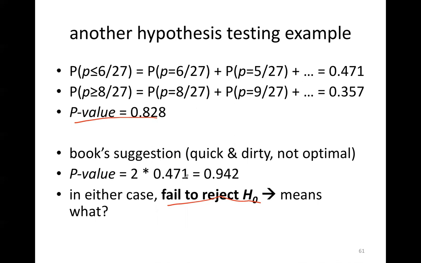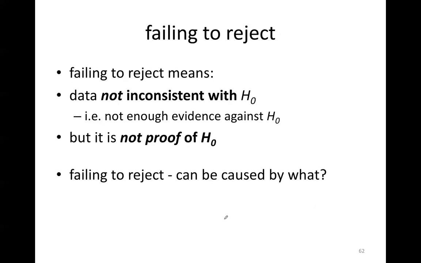Okay, in either case, the p-values are pretty high and we fail to reject the null hypothesis. What does failing to reject mean? It means the data is not inconsistent with the null hypothesis. There's no reason to suspect the null hypothesis is wrong.